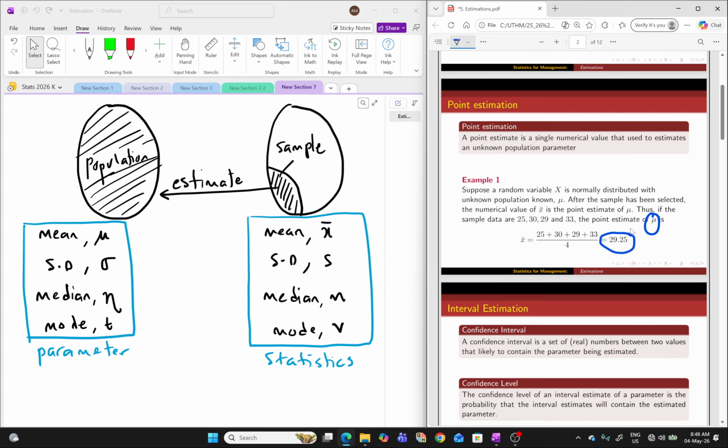You dapat 29.25, and you say that this 29.25 is the estimation for the whole Malaysia. Boleh faham apa saya beritahu? Ambil sedikit, contohnya you ambil 4 orang saja, lepas tu you bagi tahu 29.25 ni adalah average umur untuk satu Malaysia. Macam tu.